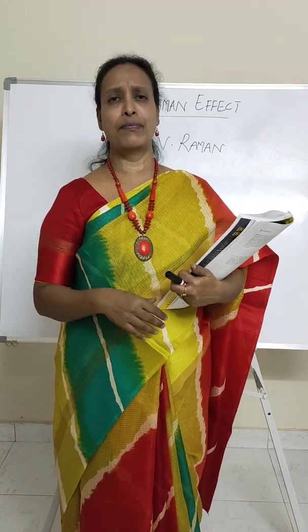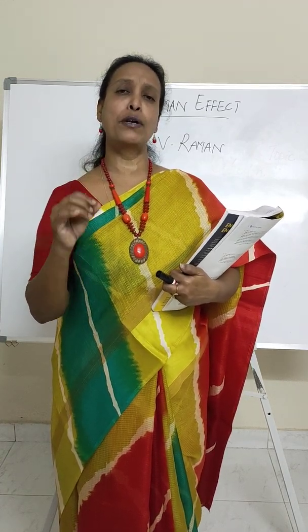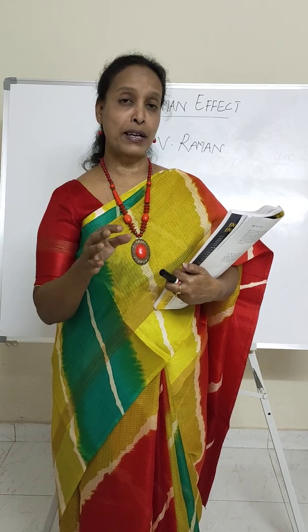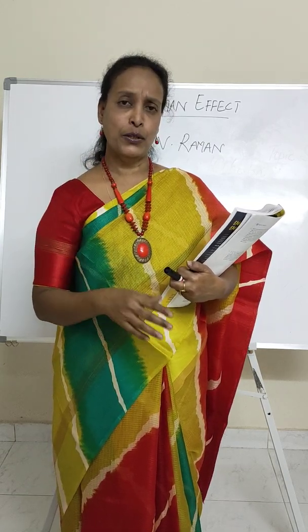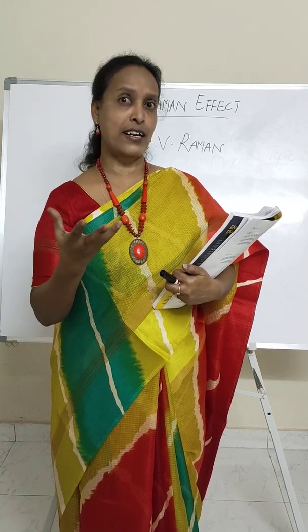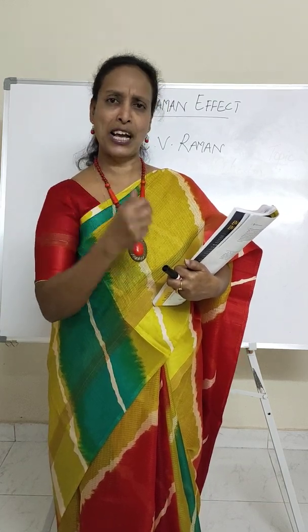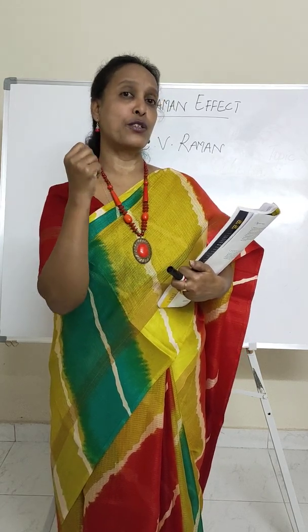On the morning of 28th February 1928, Raman and his associate had irrefutable proof. Irrefutable means something which is impossible to deny; nobody can argue, nobody can say you are wrong. They came up with results which nobody could challenge. They were 100% right, and nobody could prove their research wrong.